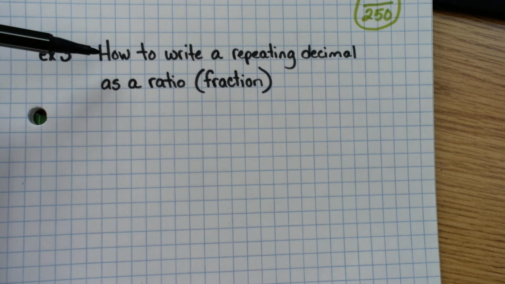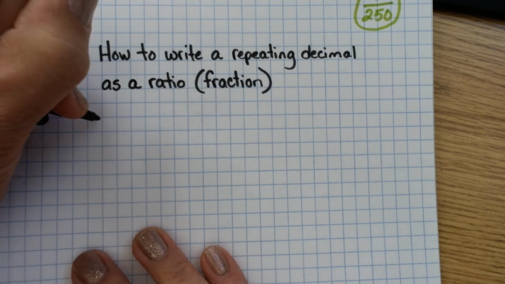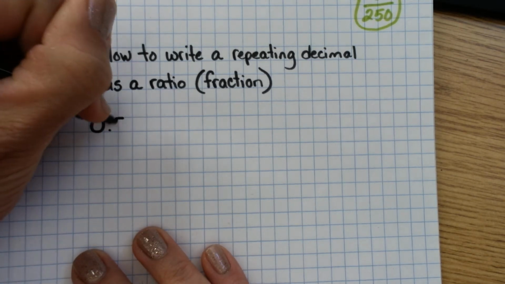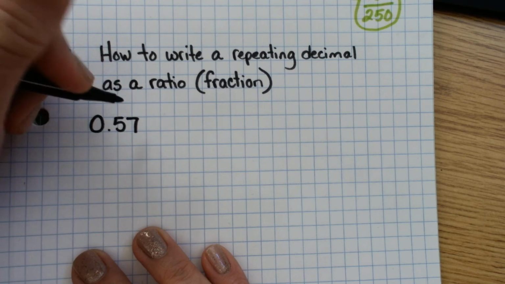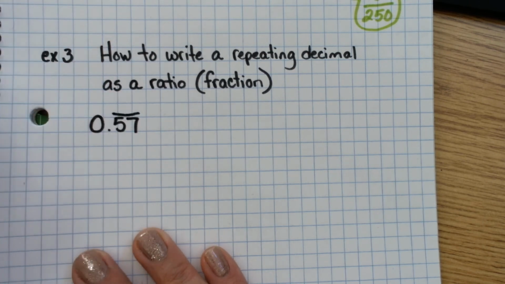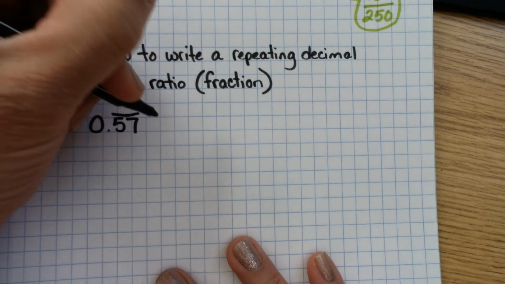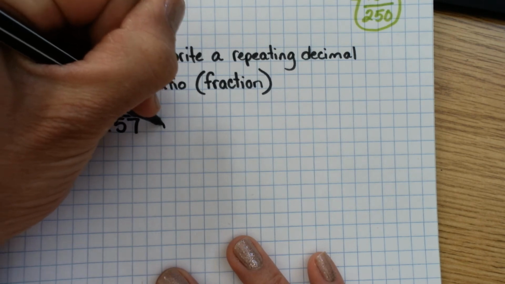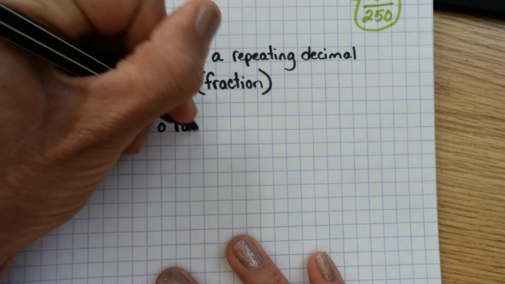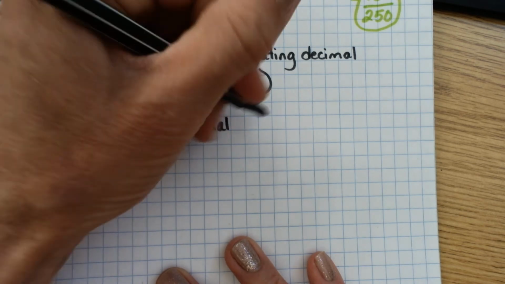Okay, for example 3, we're going to look at how to write a repeating decimal as a ratio or fraction. And we're going to start just by taking a look at this decimal. 0.57 with a repeatant. This is a rational number because it is a decimal that repeats.